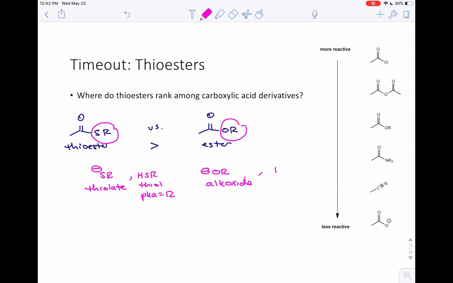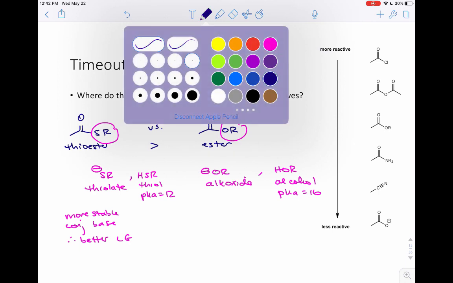An alkoxide is the conjugate base of an alcohol, which has a pKa of 16. So more stable conjugate base, better leaving group. So that's one way to rationalize why the thioester is more reactive than the ester.